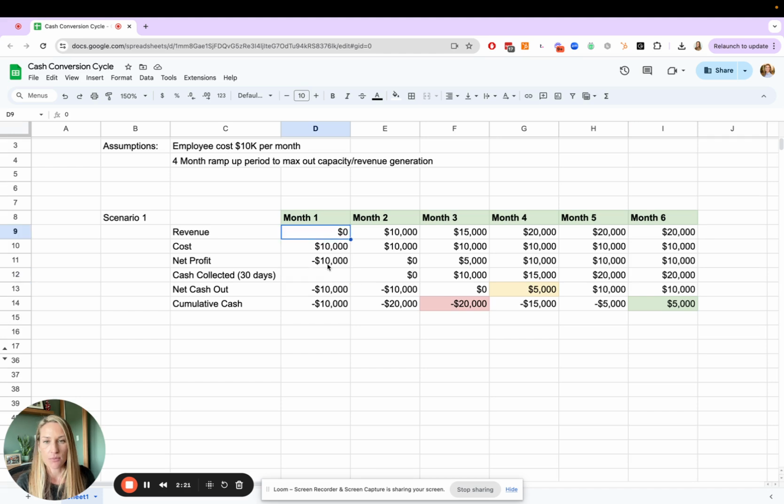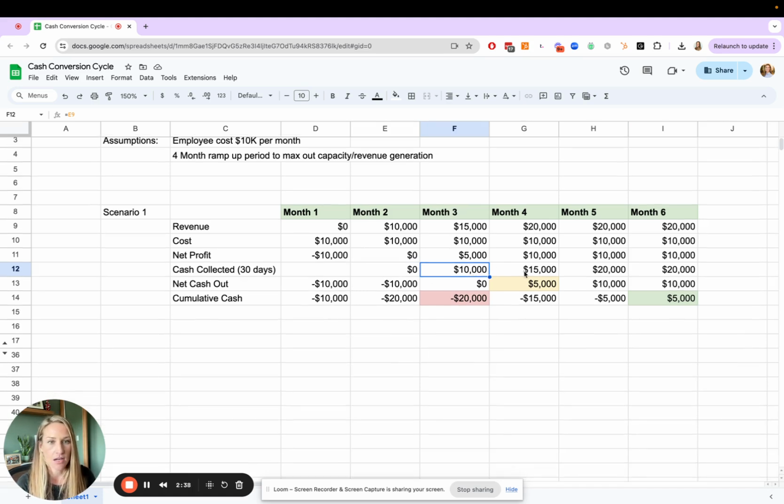So month one, obviously no cash generated, no revenue generated. Month two, we generated $10,000 in revenue, but we are collecting last month's revenue, so zero there. So by month three, we're at least breaking even cash flow wise. And then we get up to our $20,000 a month in cash generated.